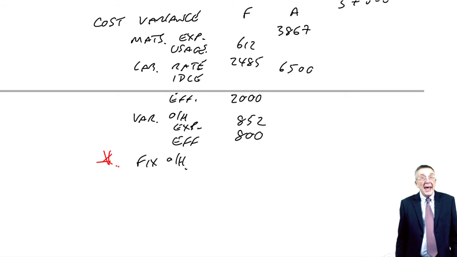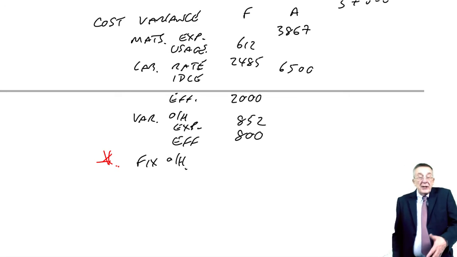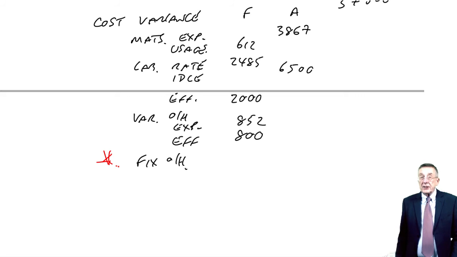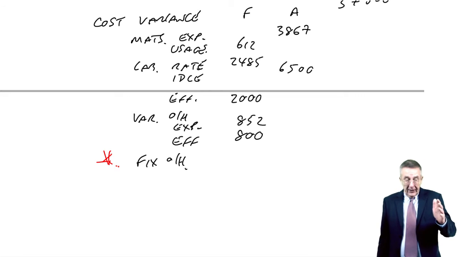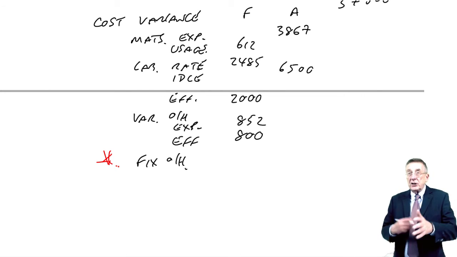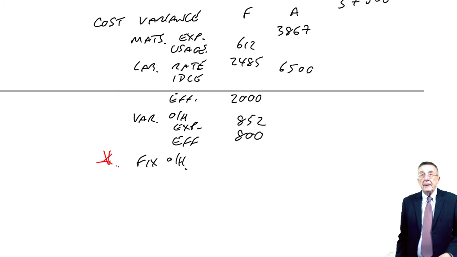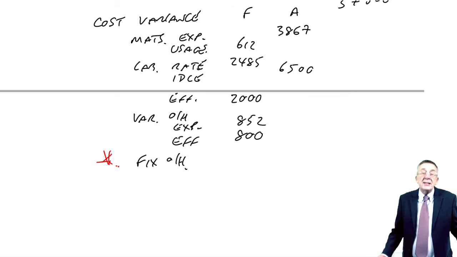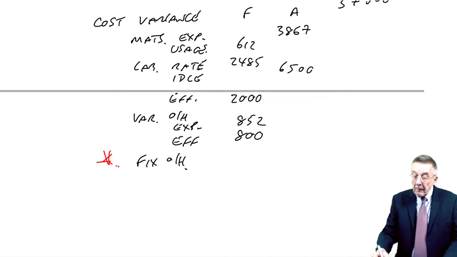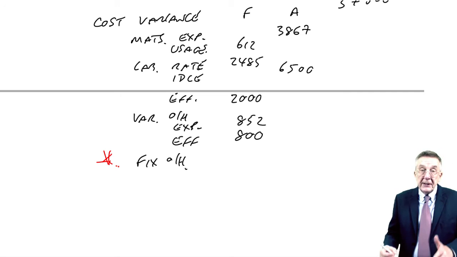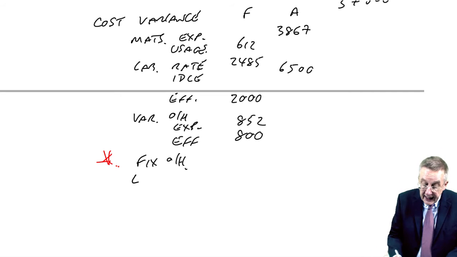And why is it going to change? The reason we had the problem in the first place with fixed overheads was when we were doing absorption, we'd been charging at 15 a unit. With marginal, that isn't a problem. Obviously, what is a problem is if we spend more or less. We have an expenditure variance.